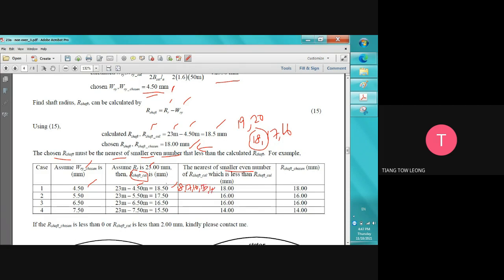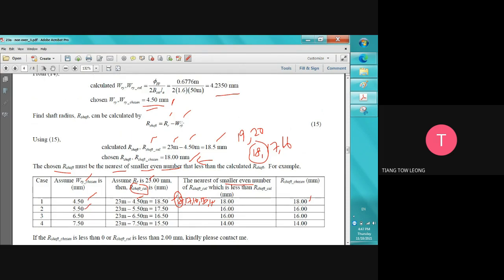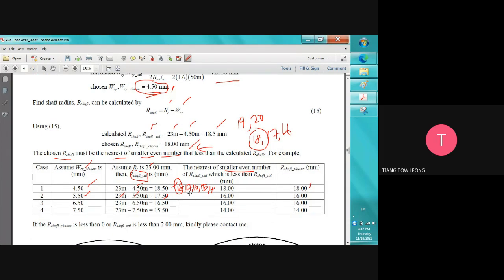So we need to choose the nearest smaller even number, which is 18. So the chosen will be 18. If the calculated value for WRY chosen is 5.5, we use 23 minus 5.5, we have 17.5. The numbers that we can choose are 17, 16, 15, and 14. So the nearest smaller even number will be 16.